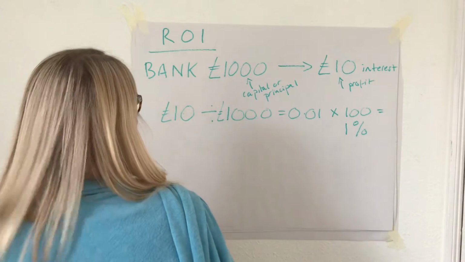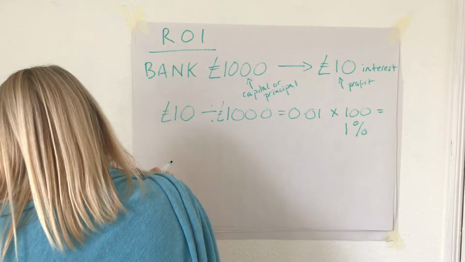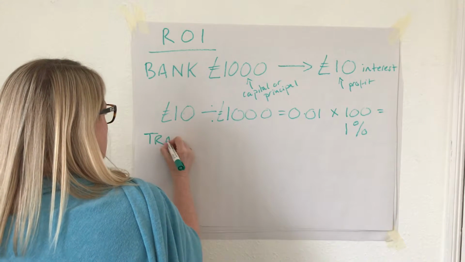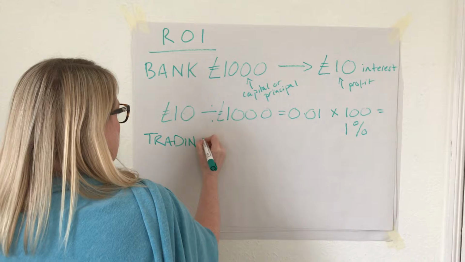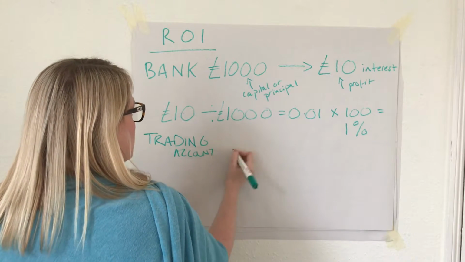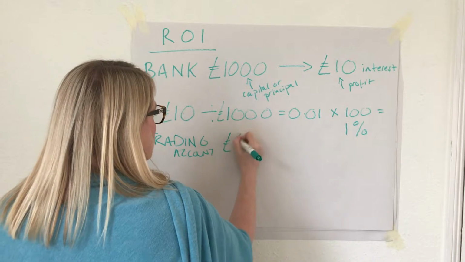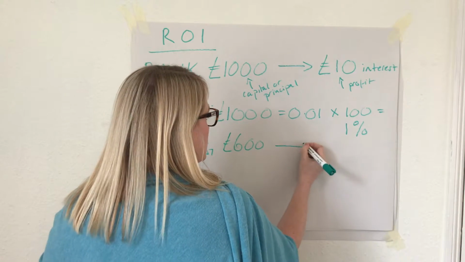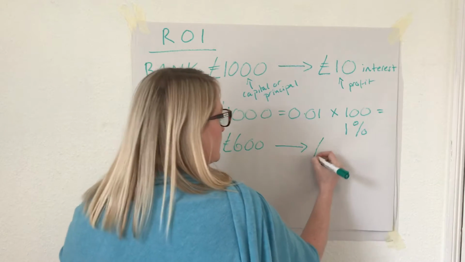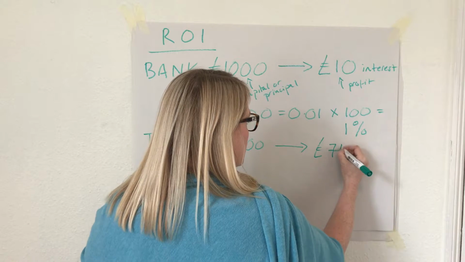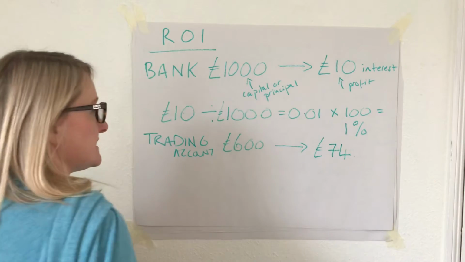So I'm going to give you the example of my trading account. In my account, I have £600, and over the course of a week I've made 74.